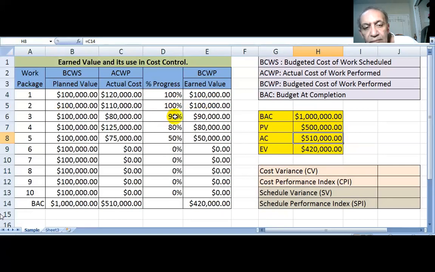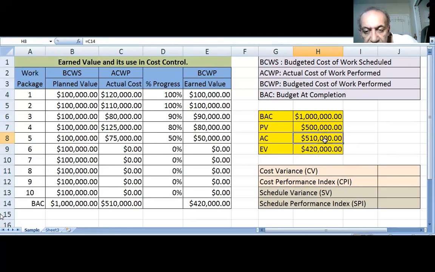The third work package 90%, the fourth work package 80%, the fifth work package 50%. So the total earned value is 420,000. Now we can come to a conclusion. We planned to spend 500,000, for which we were supposed to complete 5 work packages, but we spent 510,000.